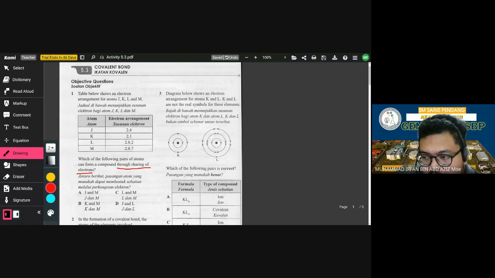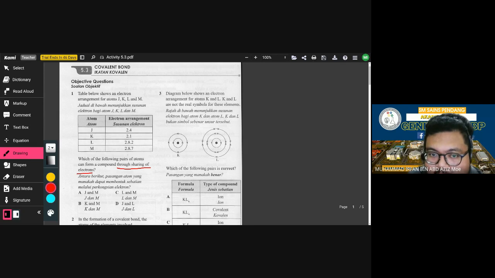Non-metals. Okay, so based on the electron arrangement, how do we know that the atoms are non-metal? Okay, so this is for main group only. Transition metal different.